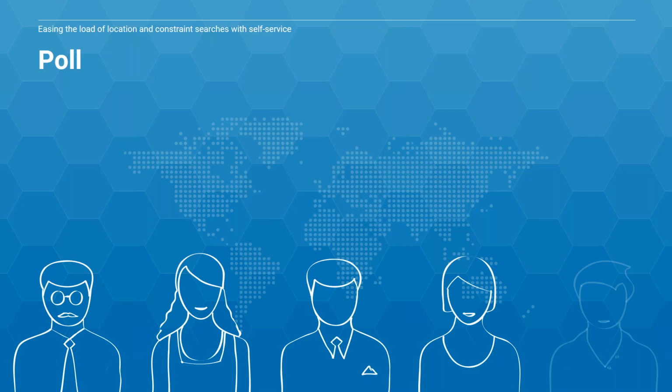So what we like to do is keep these sessions as interactive as possible. So we've just got 2 quick polls that we like to run. And what I'll do is I'll just launch the first one. So the first question is, does your organization currently provide self-service constraint searches like what we've just talked about? So there's a lot of authorities that provide these, but is your authority providing these as a self-service tool?